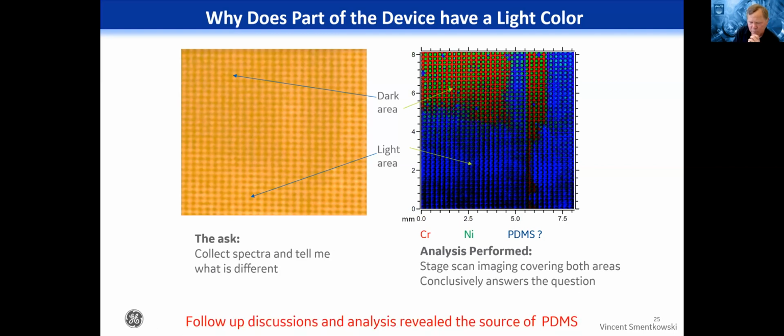But after talking a little bit further, we were actually able to identify the source of the PDMS, identify a protocol for preventing PDMS contamination, and the issue has not reappeared.